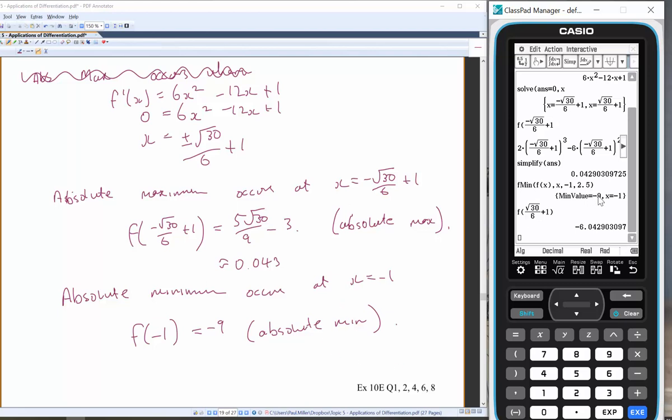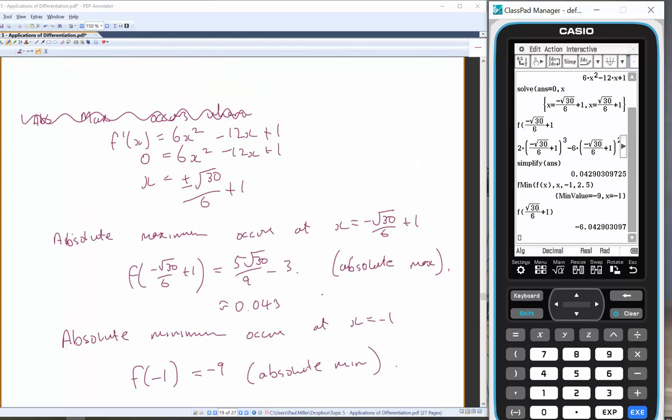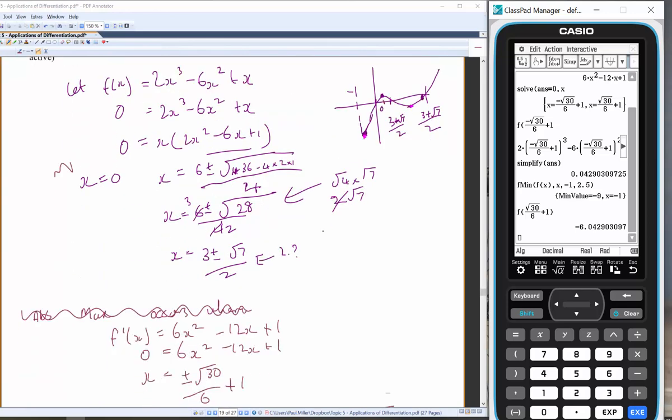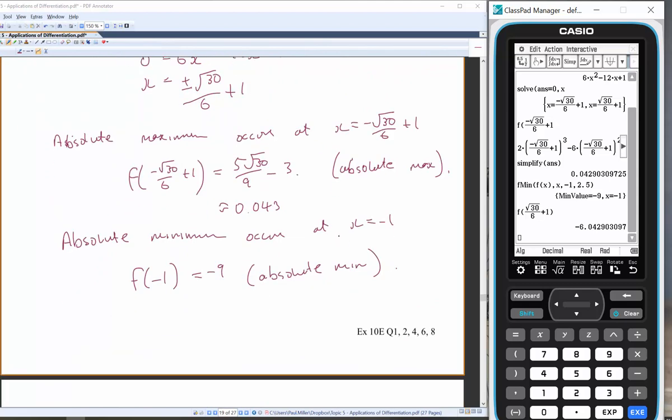But yeah, don't just use Fmax and Fmin doing your homework. That just throws out the numbers and you copy it down. You want to actually get into the practice of sketching the graphs and trying to work out, is it the stationary point, is the local max, the abs max, etc. Okay, so there's the homework there for 10E. So get that done. And as always, let me know if you've got any questions.